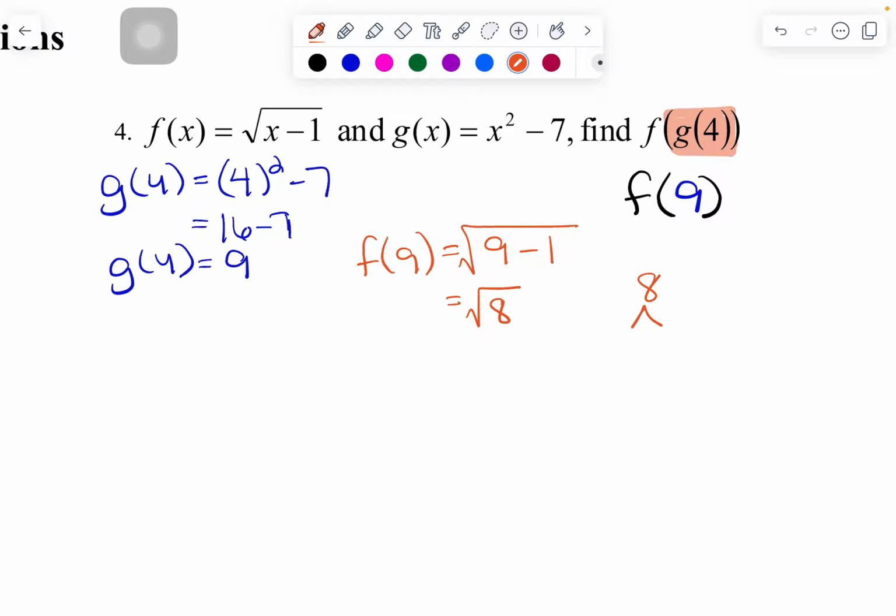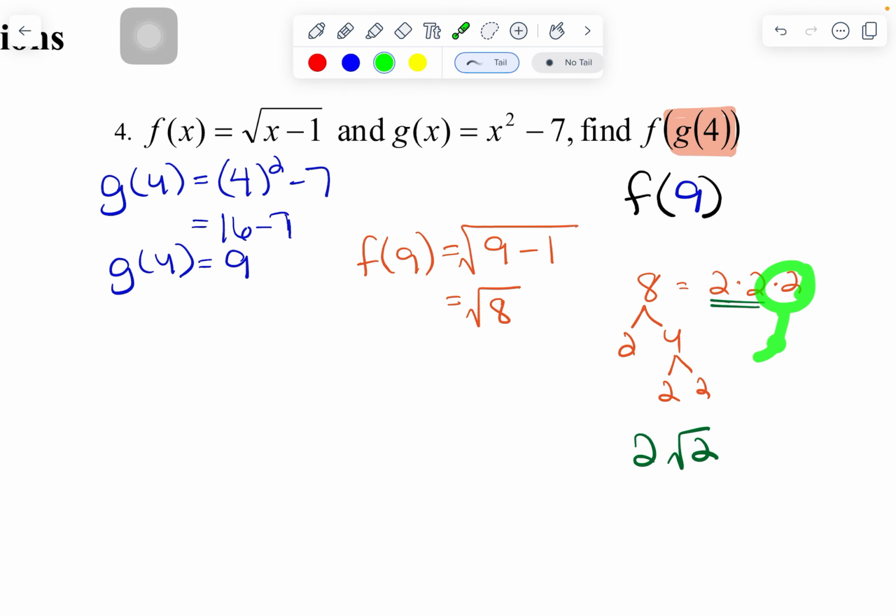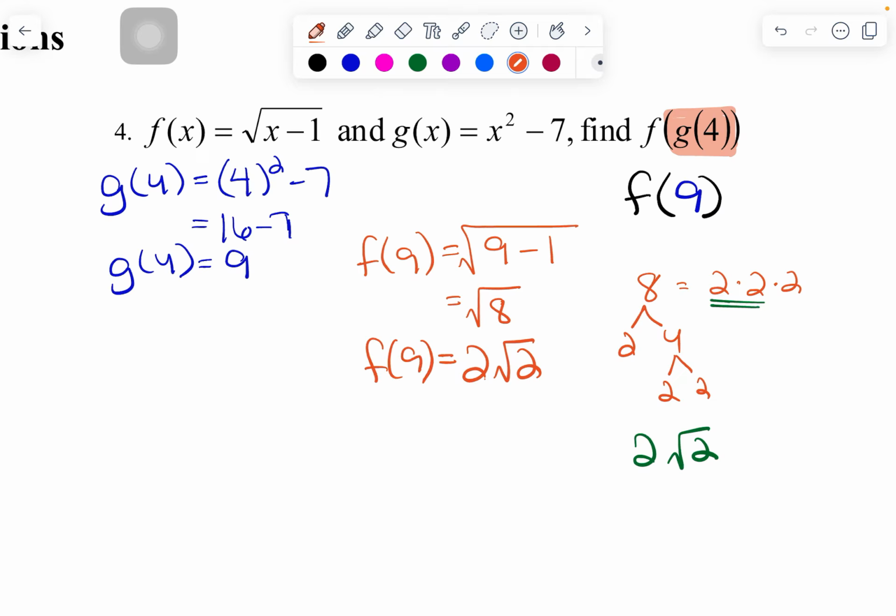So let's break up 8 into 2 and 4. 4 breaks up into 2 and 2. So 8 is 2 times 2 times 2. You have a pair of 2's, and then what didn't pair up stays underneath the radical. So root 8 gets simplified to 2 root 2. So that's what f of 9 is equal to.